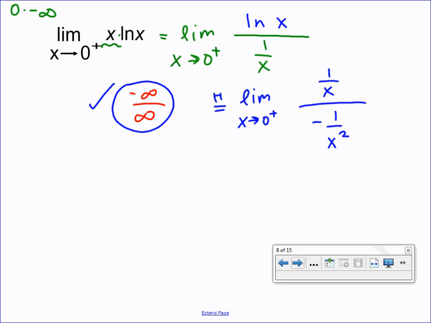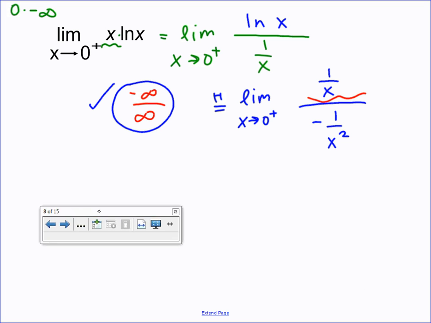Let's rewrite this top fraction, 1 over x, on bottom as x. Let's rewrite this bottom fraction, -1 over x squared, as x squared on top. And now consider the limit as x approaches 0 from the right.